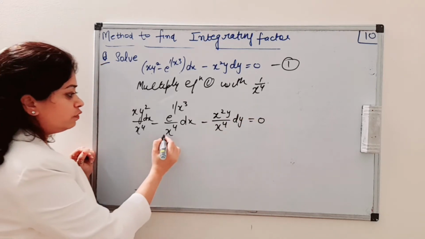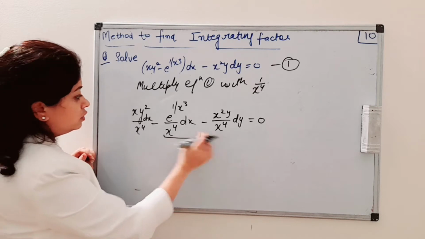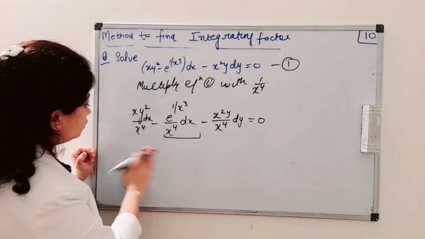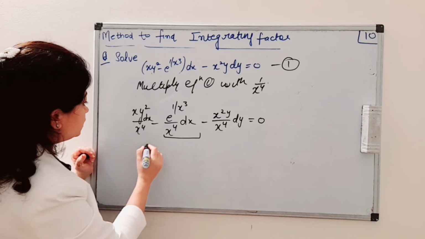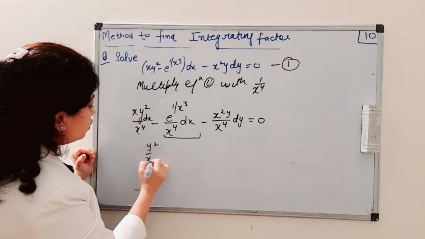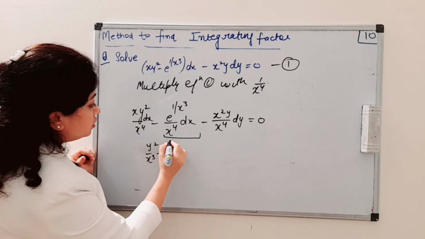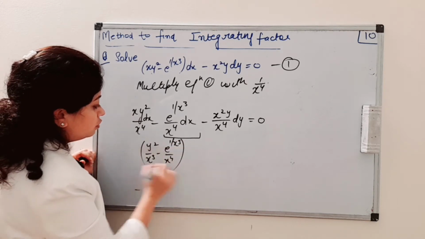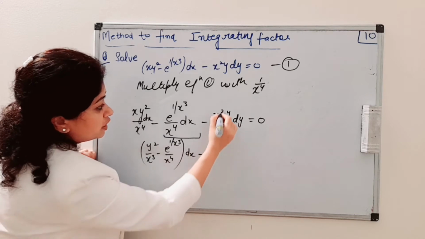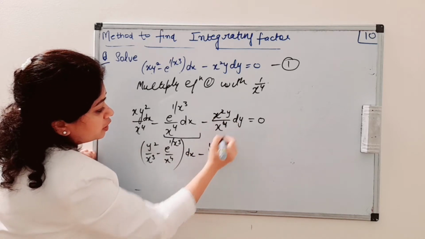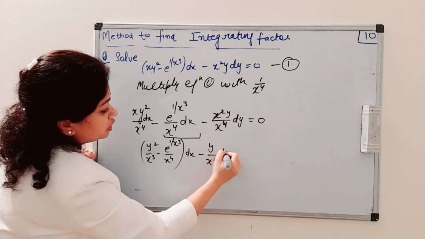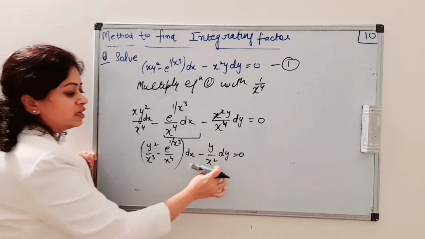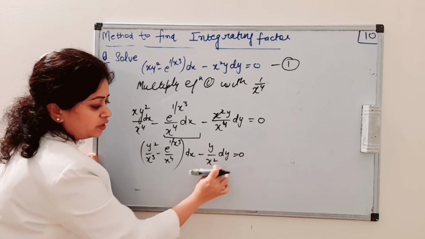This is a function of x only, and we can write it like this: (y²/x³ − e^(1/x³)/x⁴) dx − (y/x²) dy = 0. Now we have M dx + N dy equal to 0, where this is N.